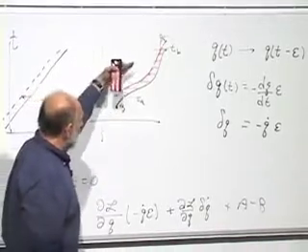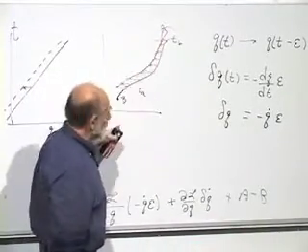I'm interested in the difference of the action on the red trajectory and the black trajectory.